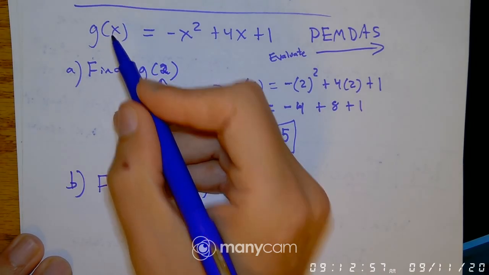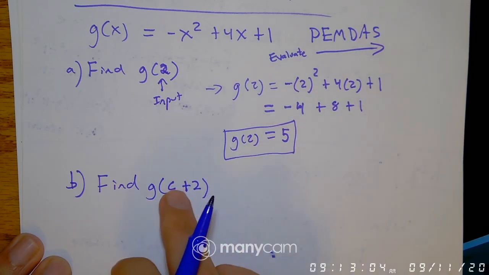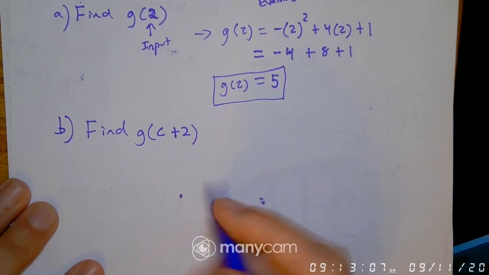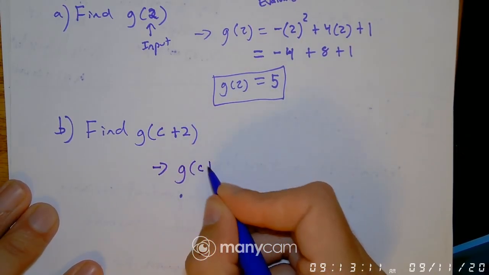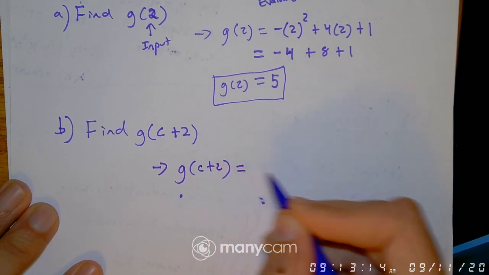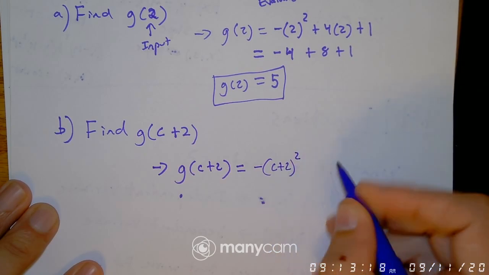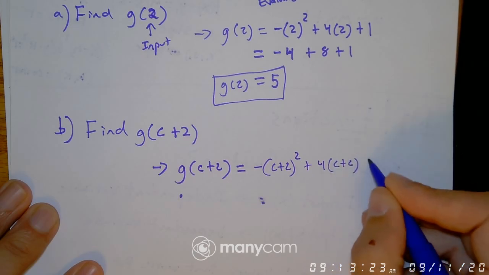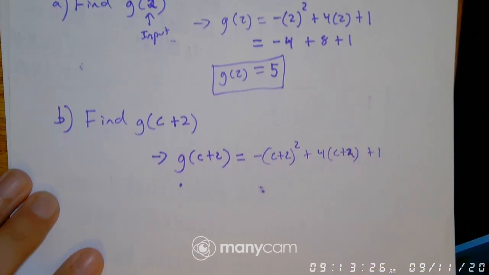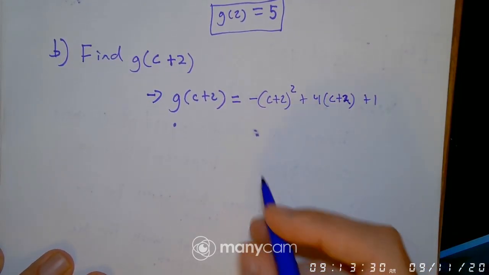So anywhere we have an x, I'm going to replace it with c plus 2. And even more important now that we put the parentheses when we plug in. So let's go ahead and do this. We're going to get g of c plus 2 equals negative the quantity of c plus 2 squared, plus 4 times the quantity of c plus 2 plus 1. Okay? So we're not going to get a number here. We're going to get an expression.